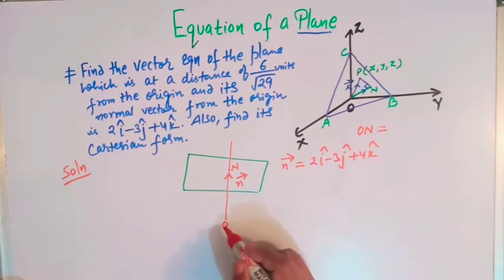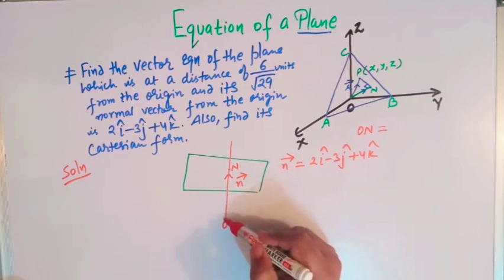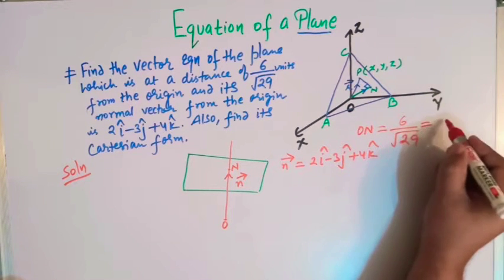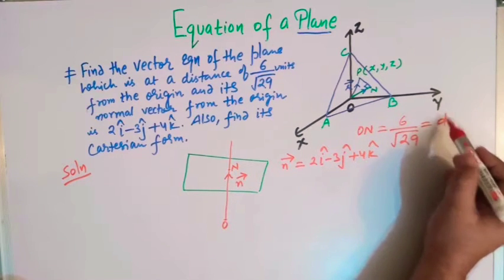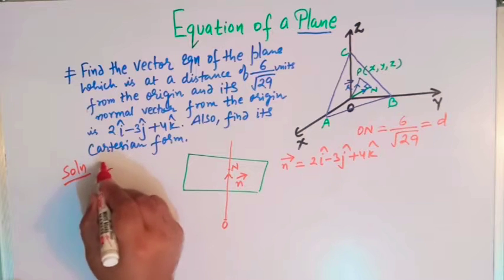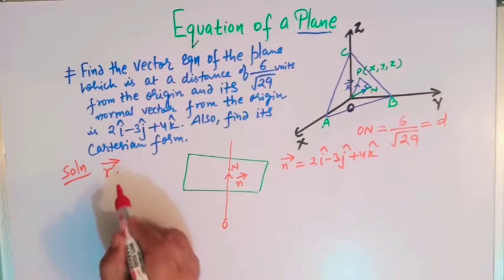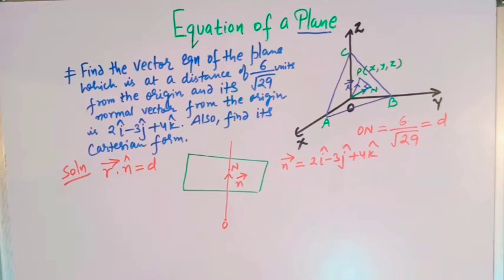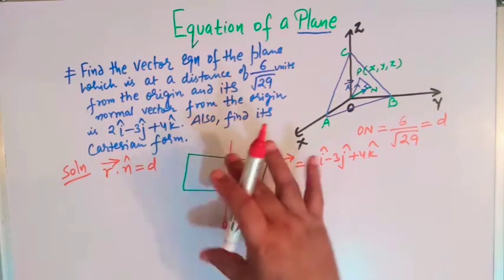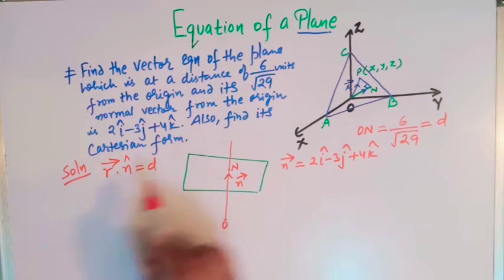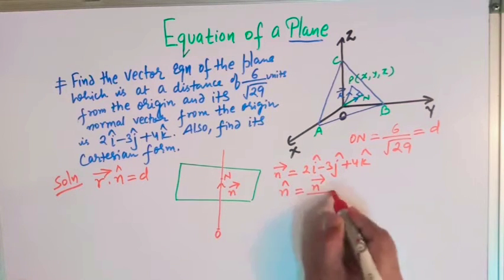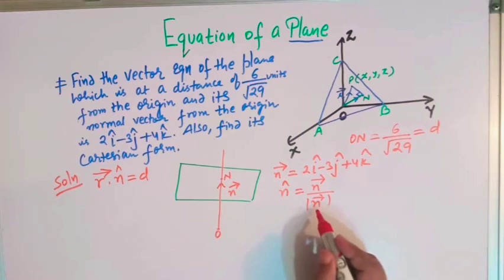Let us say this is point N, and we are given ON, which is the distance of this plane from the origin, and that is 6 divided by square root of 29, and this is actually our D. So we know that the normal form of the equation of the plane is vector r dot n cap is equal to D. Now here we are given the vector n, which is the normal vector to this plane, but here we need the unit vector. So n cap is equal to vector n divided by the magnitude of vector n.